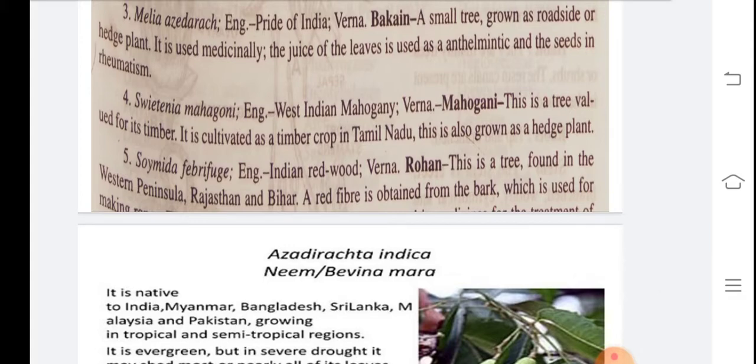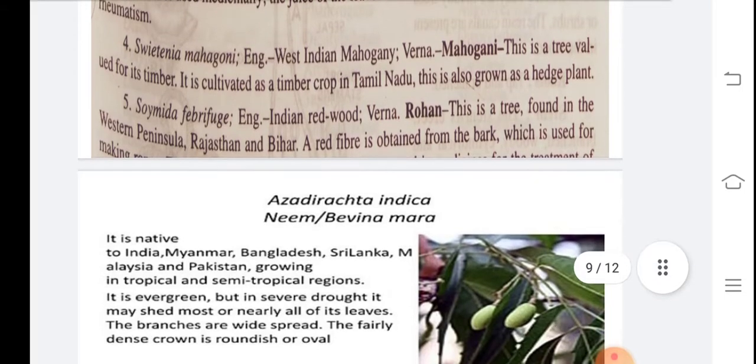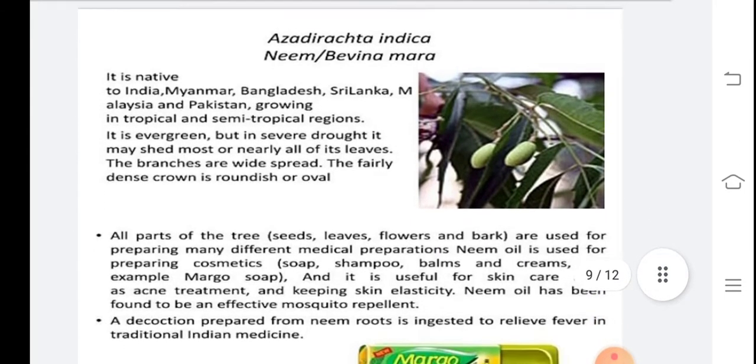And one good example, Soymida febrifuga, called the Indian redwood, is found in the western part of Rajasthan and Bihar. So these are some good examples for this family.